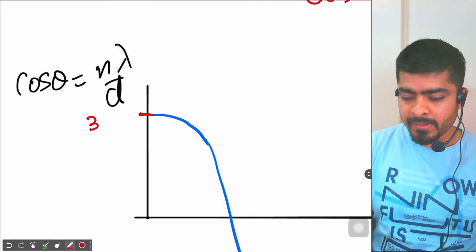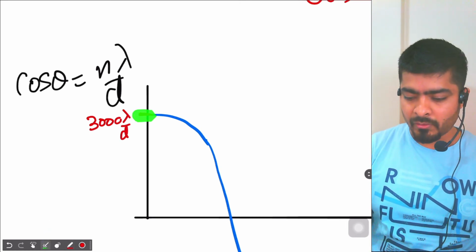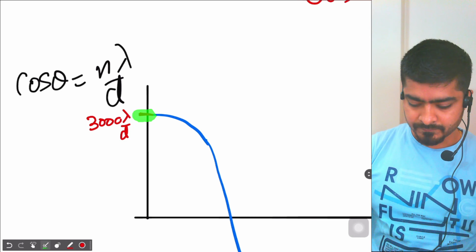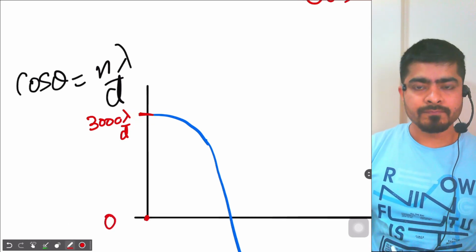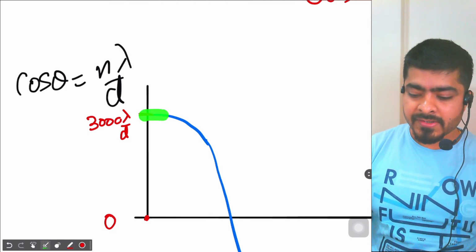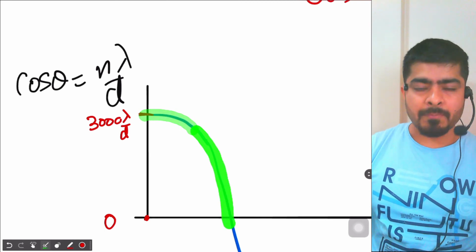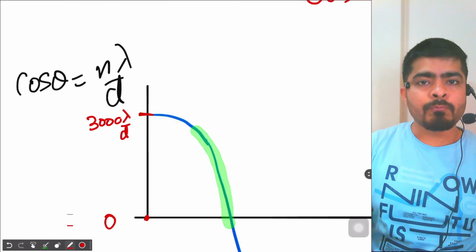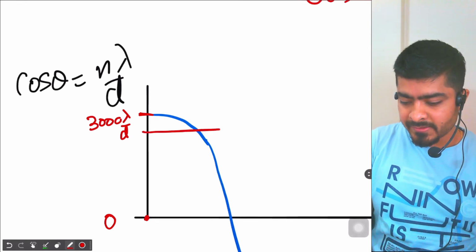So here n will be equal to 3000, and cos theta equal to this value, and here we have 0. Now the graph is changing very slowly over here, and here it is changing very rapidly. So if you mark all the bright fringes, then the bright fringes will be formed like this.